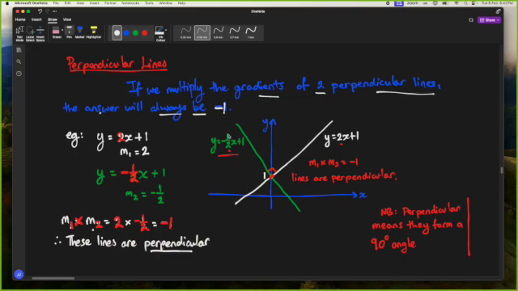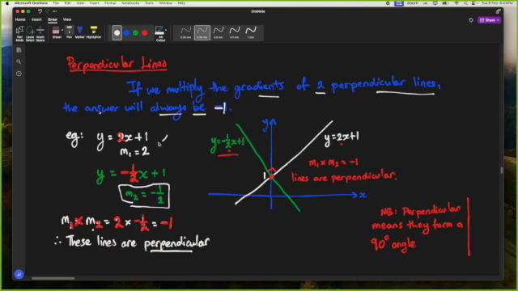So I have two lines here. The first line is y = -1/2 x + 1, so you can tell that m, for the green line, is -1/2. It cuts the y-axis at 1.